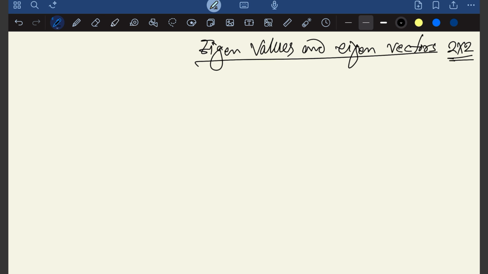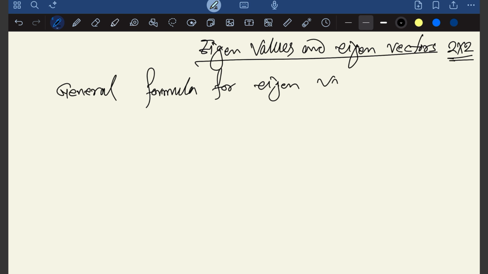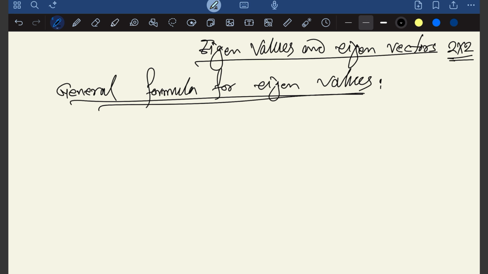So let's see the general formula for eigenvalues. What is the general formula for finding the eigenvalues?